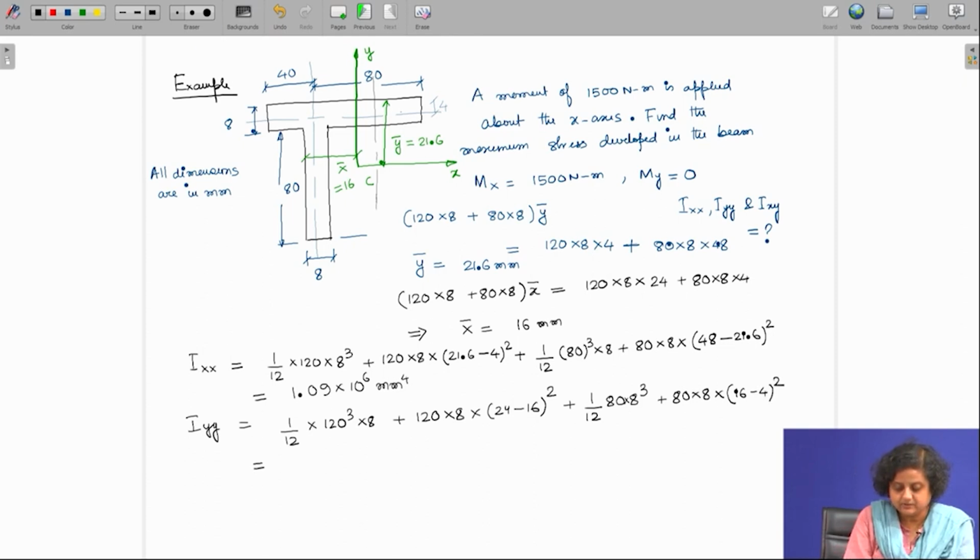So if we calculate this, this is going to be 1.31 into 10 to the power 6 millimeter 4.